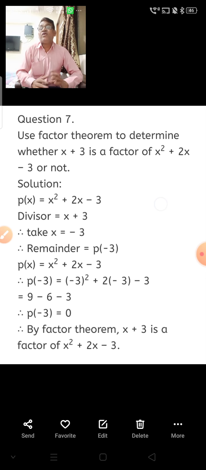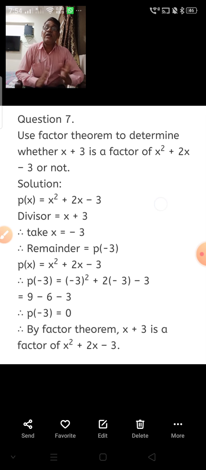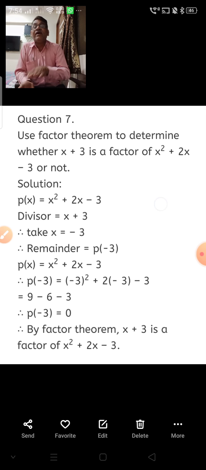When you find the remainder by the remainder theorem, if the remainder is 0, then the divisor is a factor of the given polynomial, and if the remainder is not 0, then the divisor is not a factor of the given polynomial.